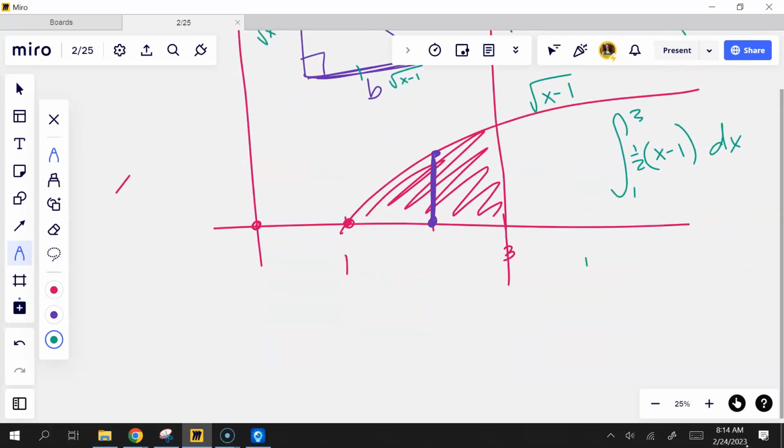If you did, because I have 1/2 x minus 1/2 from 1 to 3. So that would be 1/4 x squared minus 1/2 x. I'll evaluate it from 1 to 3. But you can use your calculator since it told you to. Does that make sense?